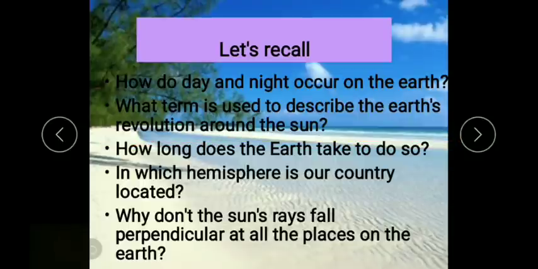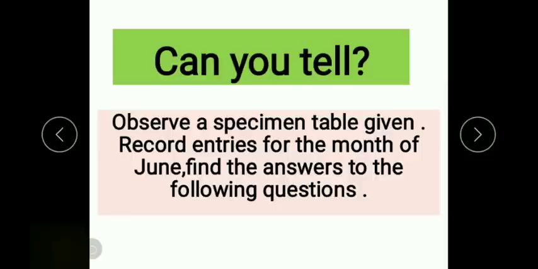Now, I have already given you the answers for all these questions. Observe a specimen table giving record entries for the month of June. Find the answers to the following questions. In this table, the entries are recorded from 19th June till 28th June.